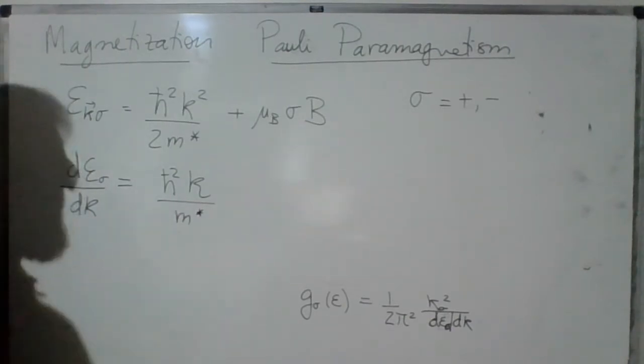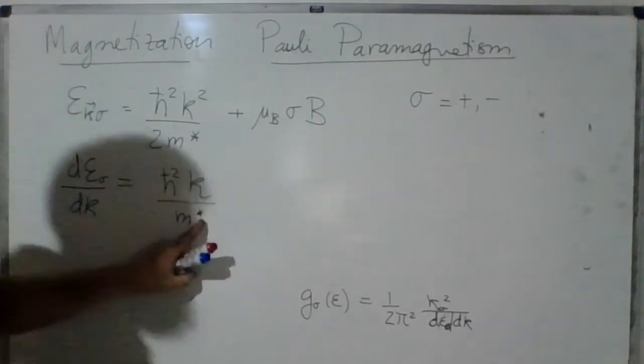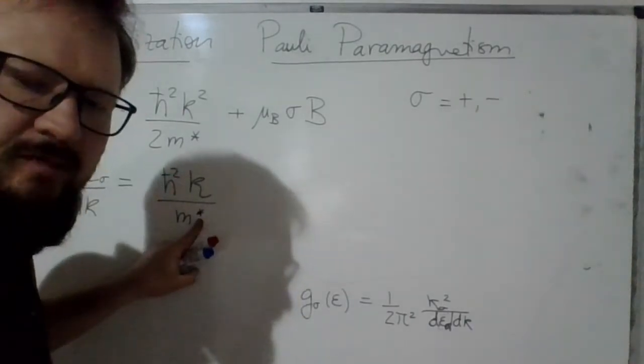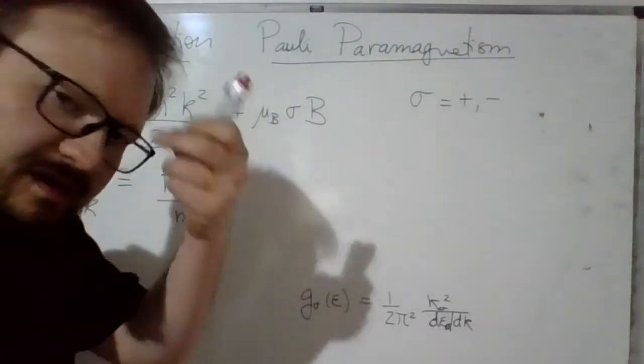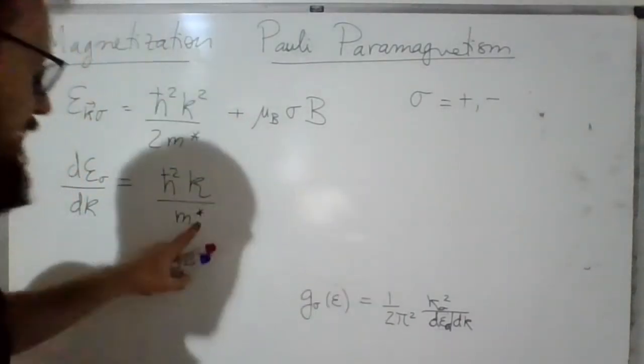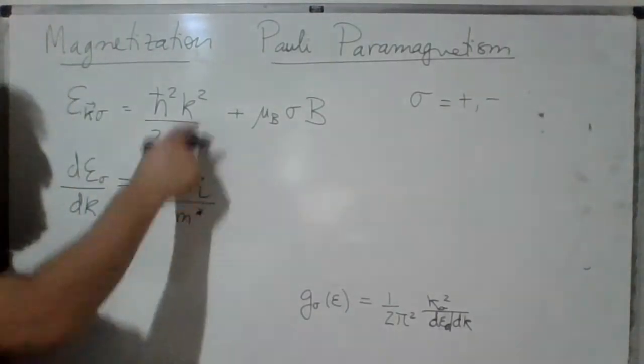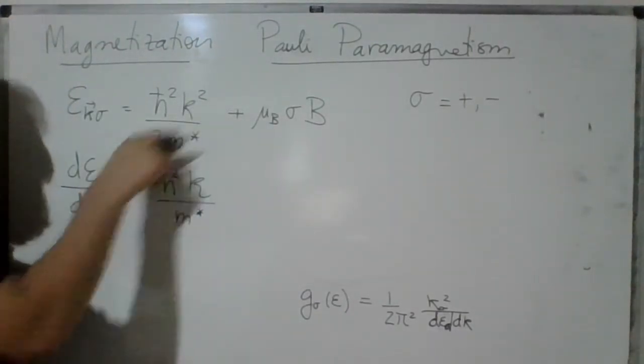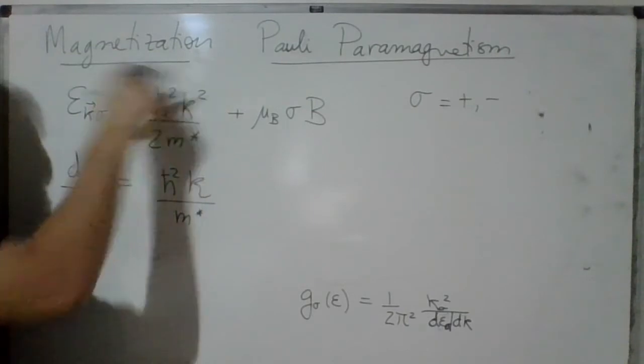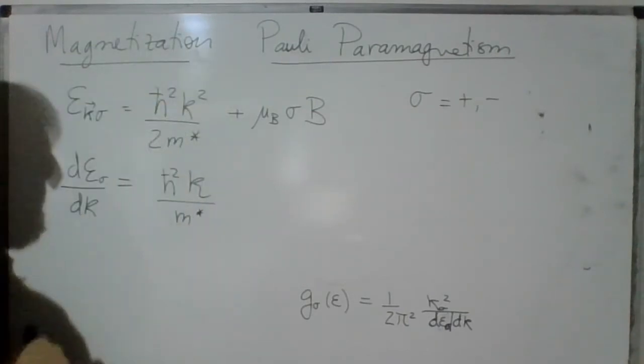Okay, the effective mass. This does not stand for complex conjugate mass. It is a real number. So the factor of 2 cancels out here, this factor of 2 coming from the derivative.